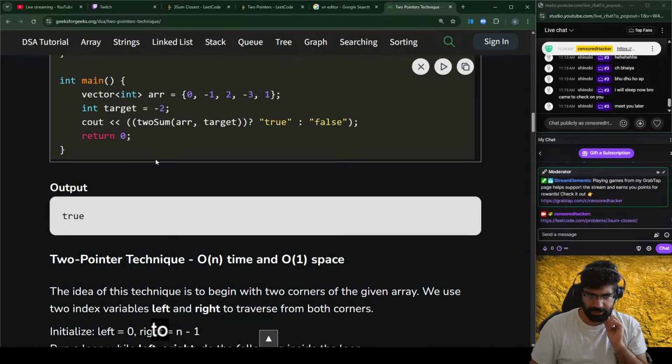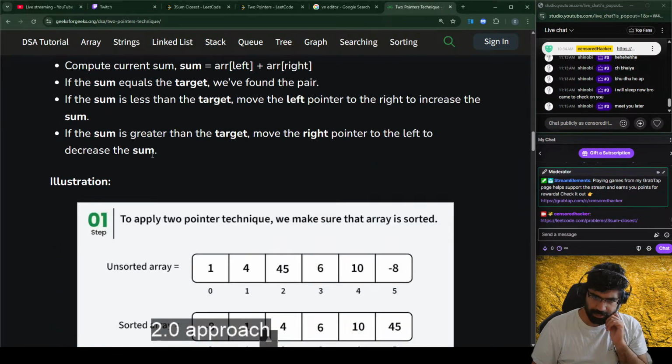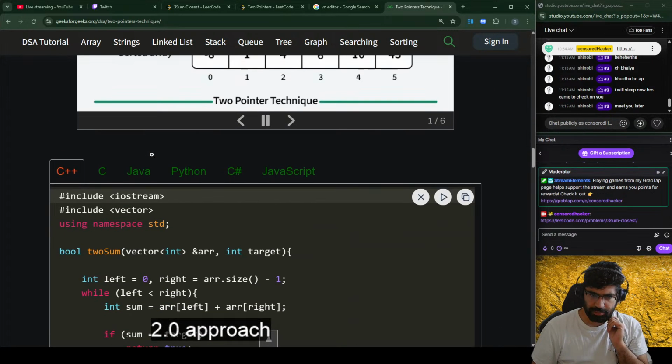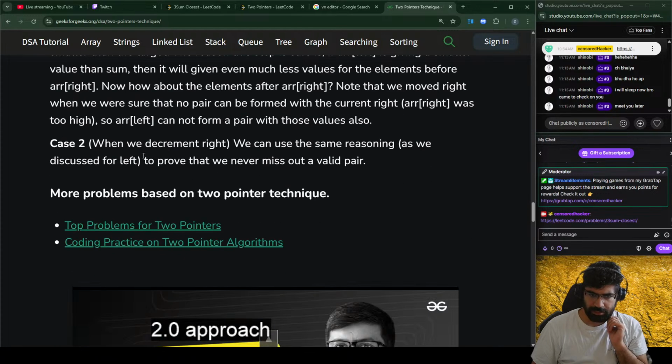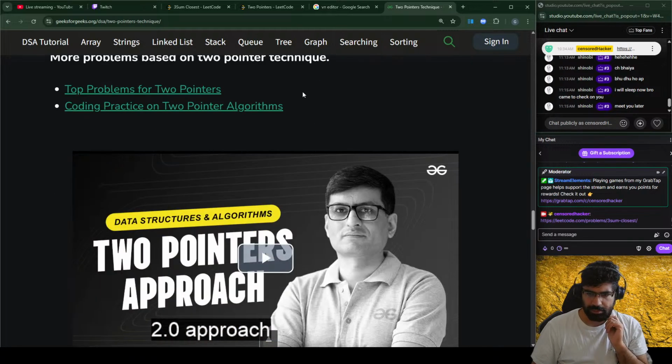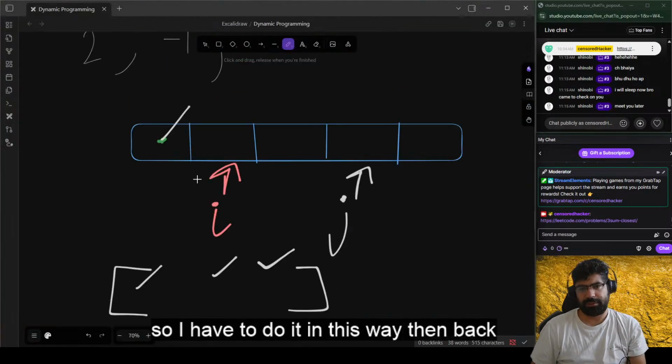Two-pointer approach. So I have to do it in this way, then back again.